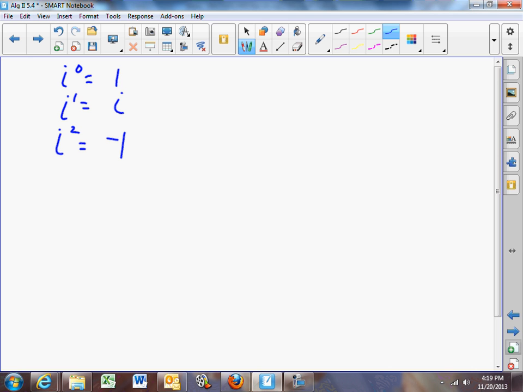If i is the square root of negative 1, when we square the square root of negative 1, we get negative 1. Now, i cubed, by our laws of exponents, could be thought of as i squared times i. But i squared is negative 1, and negative 1 times i gives us negative i. So i cubed is negative i.